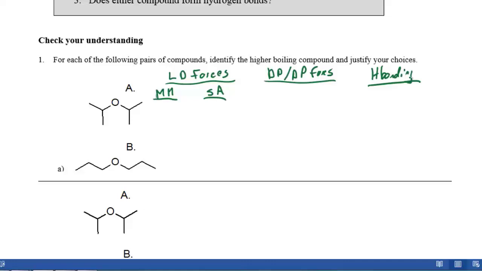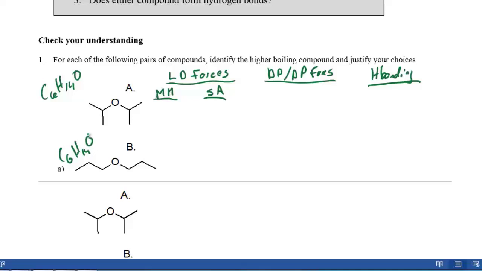Okay, now in terms of molar mass, comparing these molecules A and B, these are constitutional isomers. So I'm not even going to bother to calculate the molar mass. If you want, we can realize that it's 1, 2, 3, 4, 5, 6. So this is C6H14O, and this one is also C6H14O.